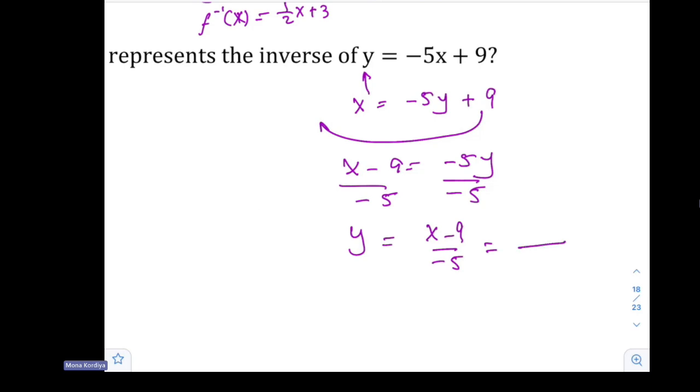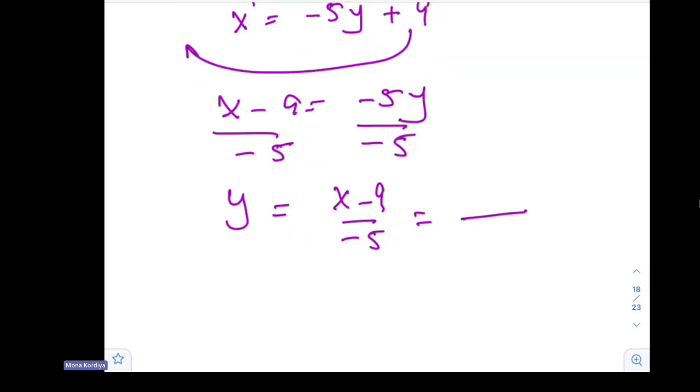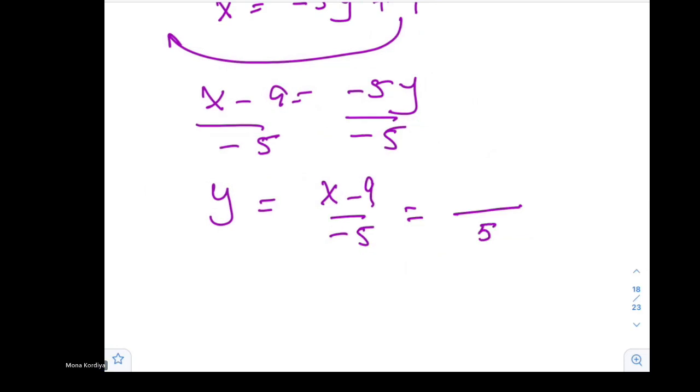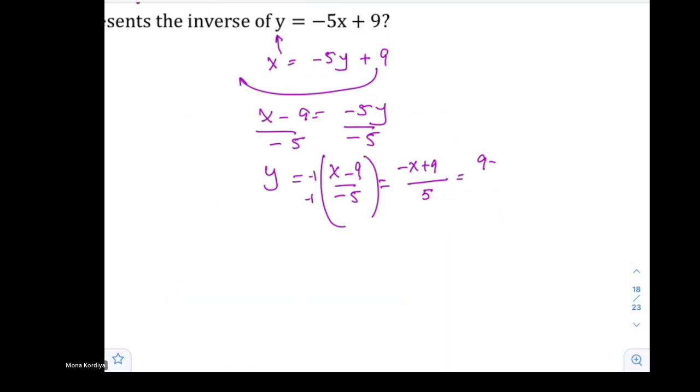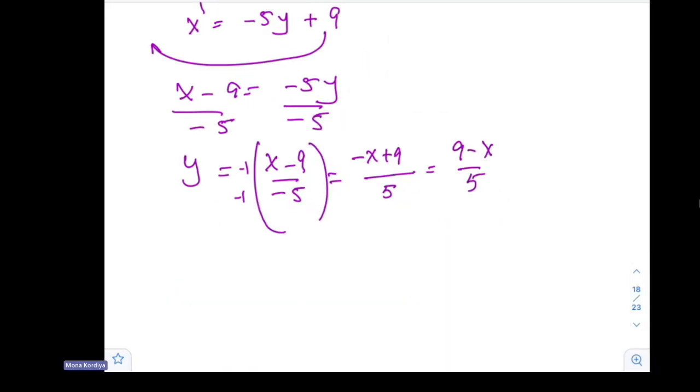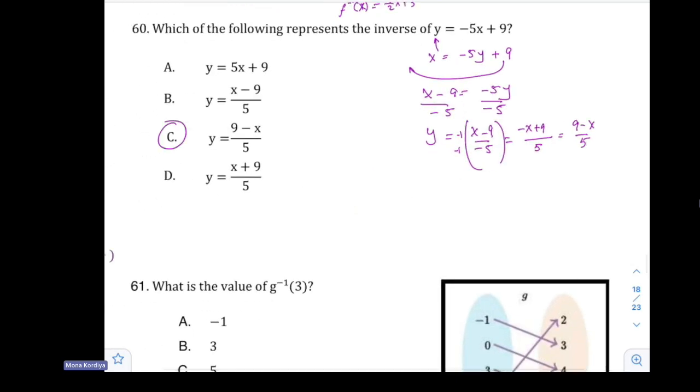Or switch the signs, because none of the denominators here is negative, so this will be positive. You multiply everything by minus 1 up and down. So it will be minus x plus 9, or 9 minus x over 5. 9 minus x over 5 matches C.